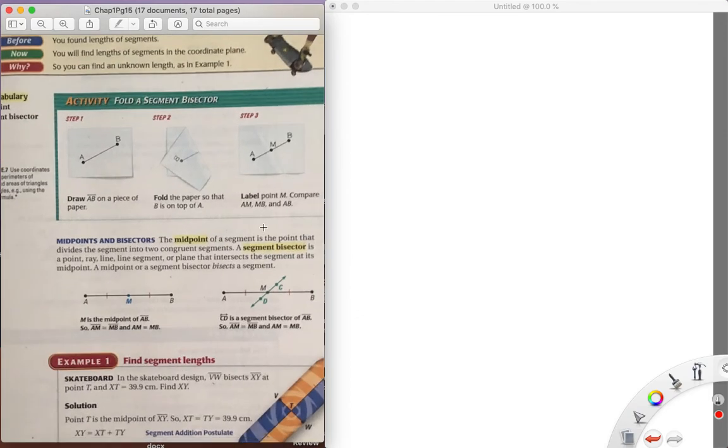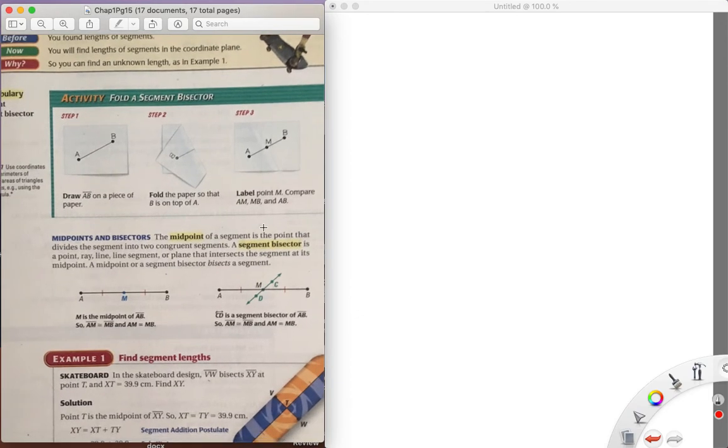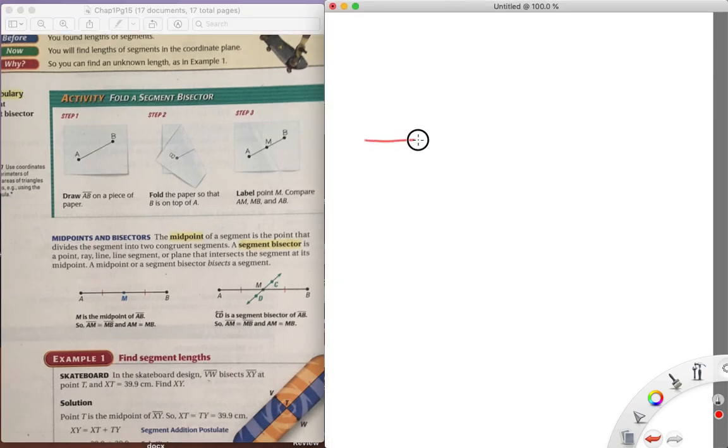The definition that the book gives for the midpoint of a segment is a point that divides the segment into two congruent segments. So we have some line segment AB.